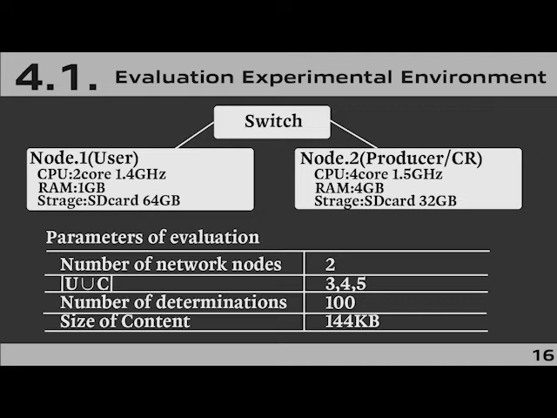In addition, the parameters required to perform the experiment are summarized in the table. We specify the size of the search word set as input with 325, the number of trials as 100, and the size of the data packets as 144 kilobytes.